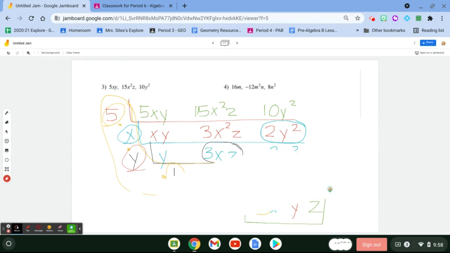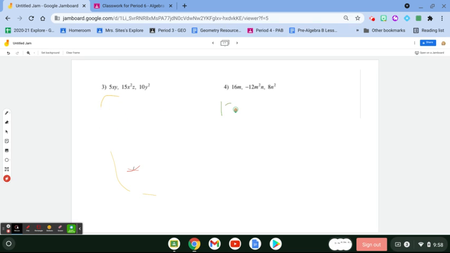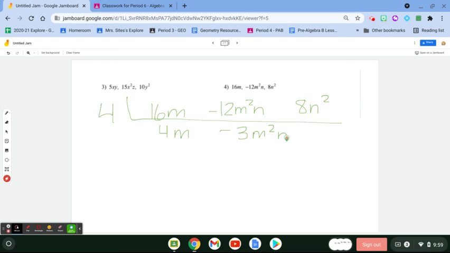Okay, you have 16m, negative 12m squared n, and 8n squared. Divide by 4. Okay, can't divide by 4, but I could divide technically by 2 because it would work for the first and the last.